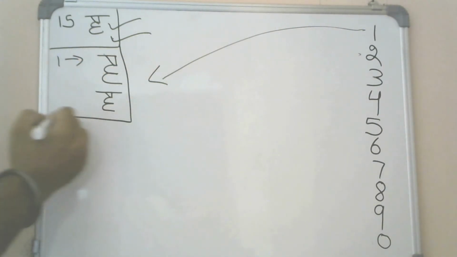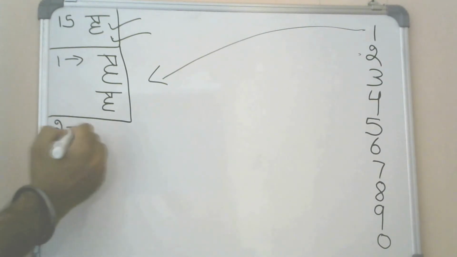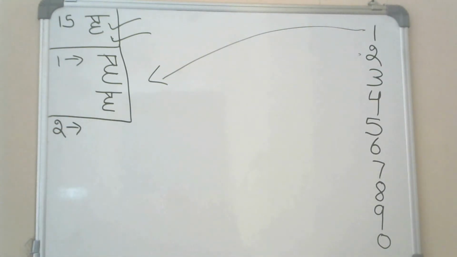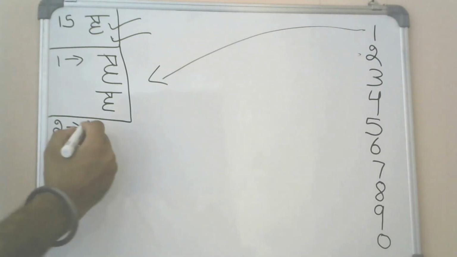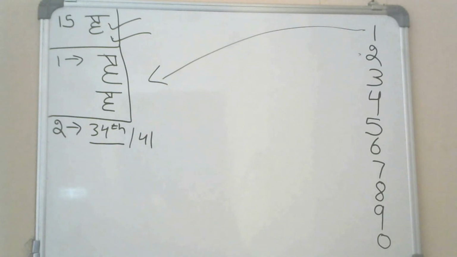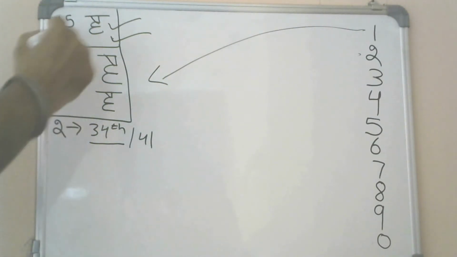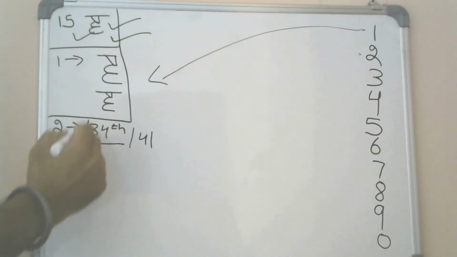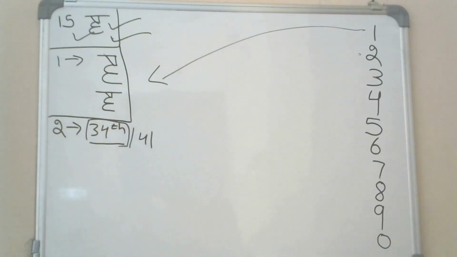If I know this letter, am I going to learn any other letter? And the answer is yes. It is the 34th letter of Gurmukhi. Remember, we have 41 letters. If I know Yaya, then I will know the 34th letter of Gurmukhi, how to write it.